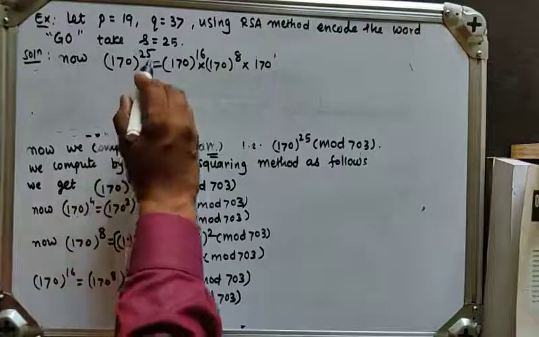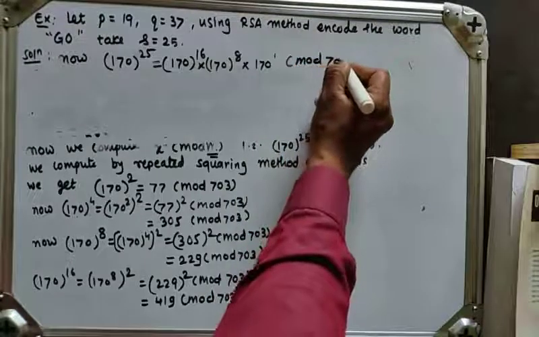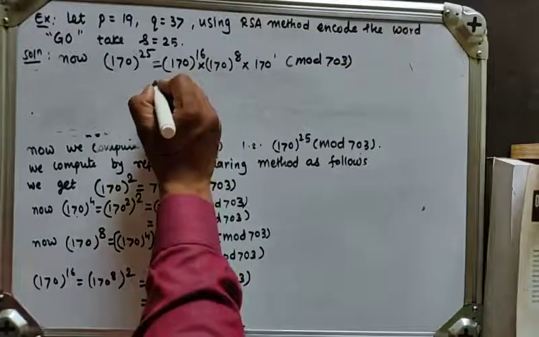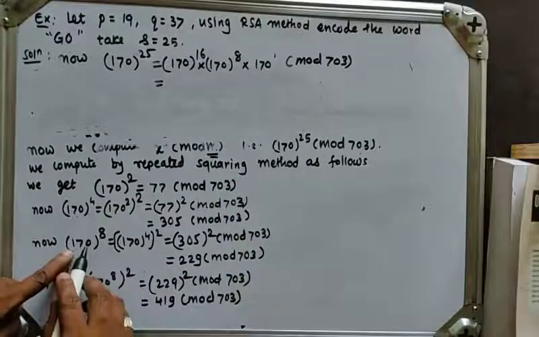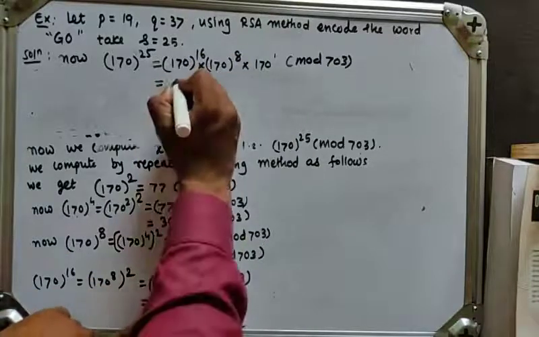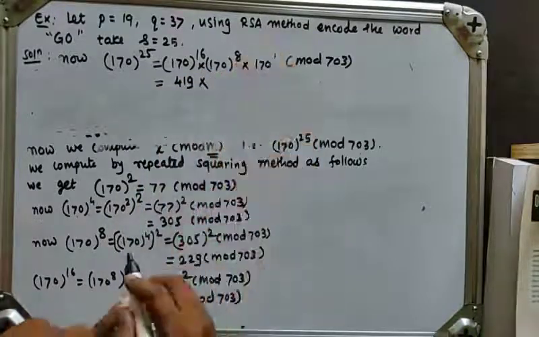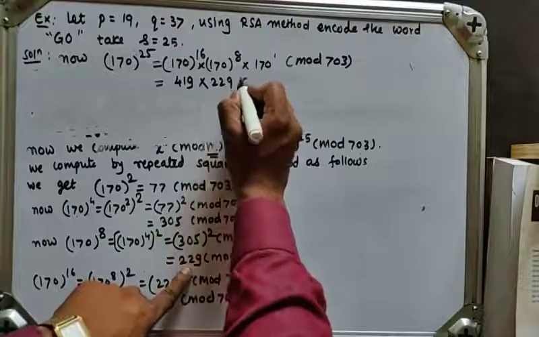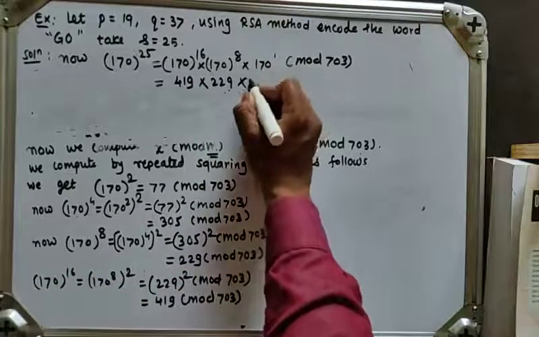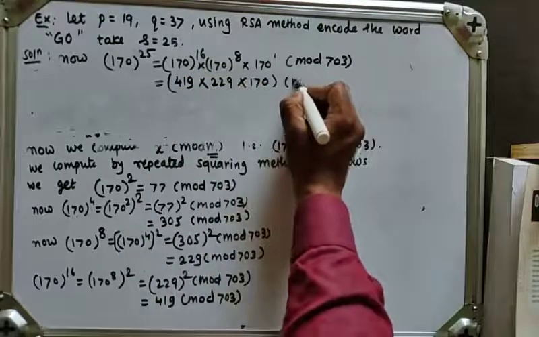So modulo 703, 170 to the 16 has value 419, 170 to the 8 has value 229, and 170 to the 1 power is 170.